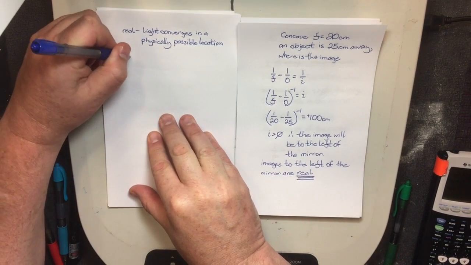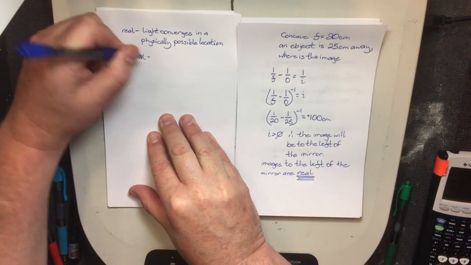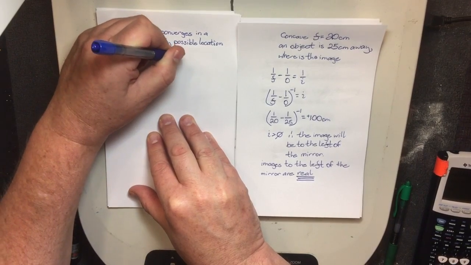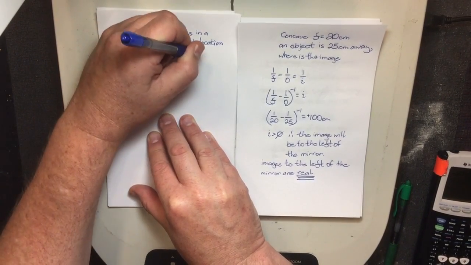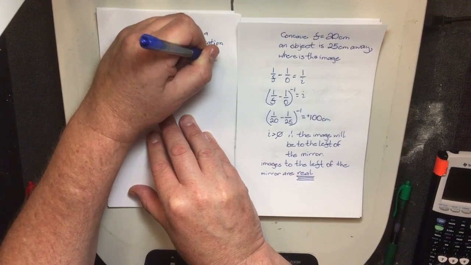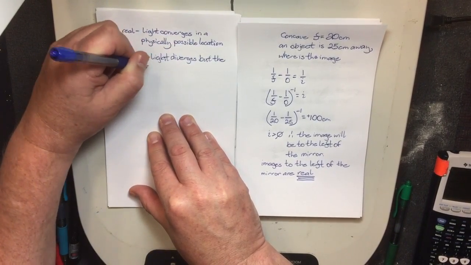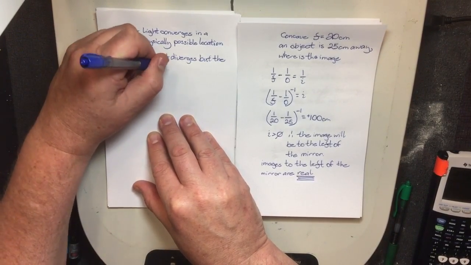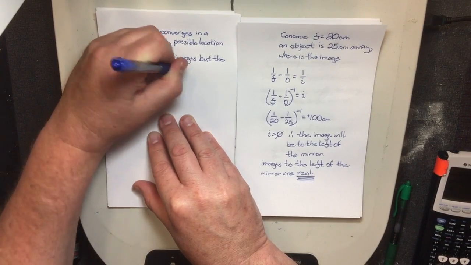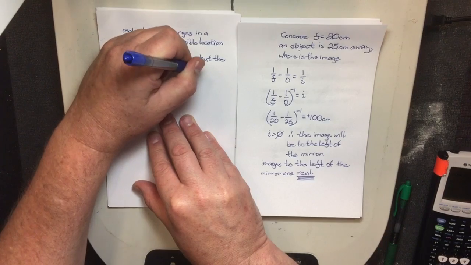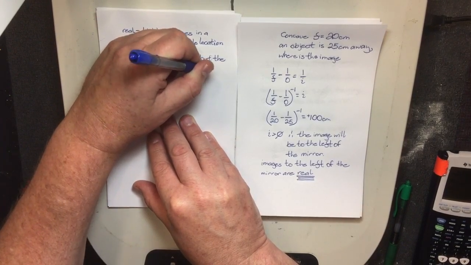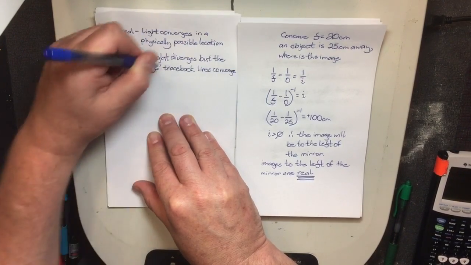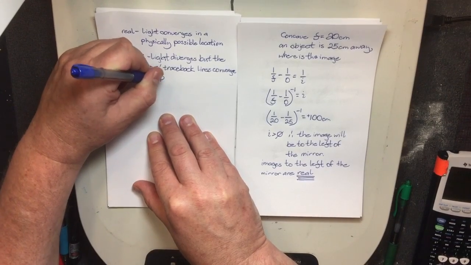For a virtual image, the light diverges, but the traceback lines, we'll understand what that means in just a couple of minutes, converge to a point.